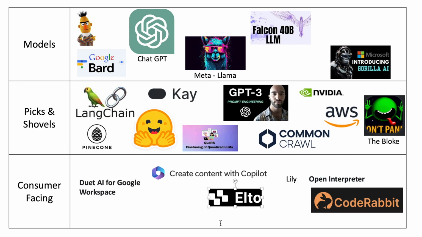Now here's an interesting one. Elto, what they are is customer service via synthetic agent, a large language model. So imagine that's the front end of your customer service experience. You call in and you're not talking to a person, you're talking to a large language model. And of course, look at who's buying this.